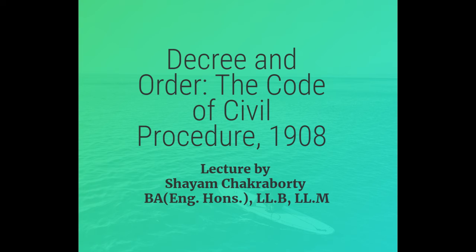So another distinction between decree and an order is that a second appeal can also be made against the decree passed in the appeal. For example, let's say if in a particular civil court a decree has been passed.